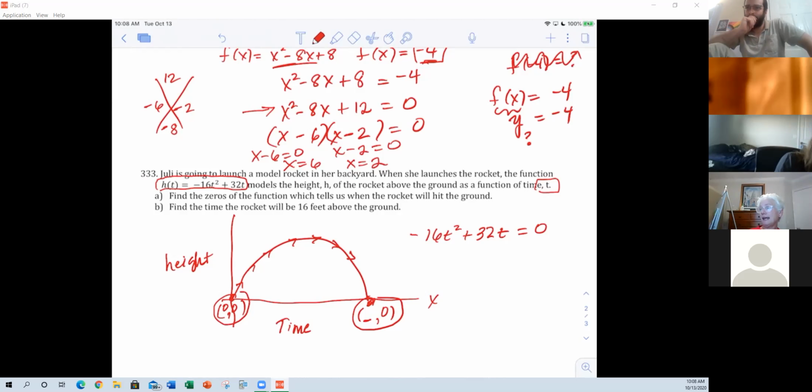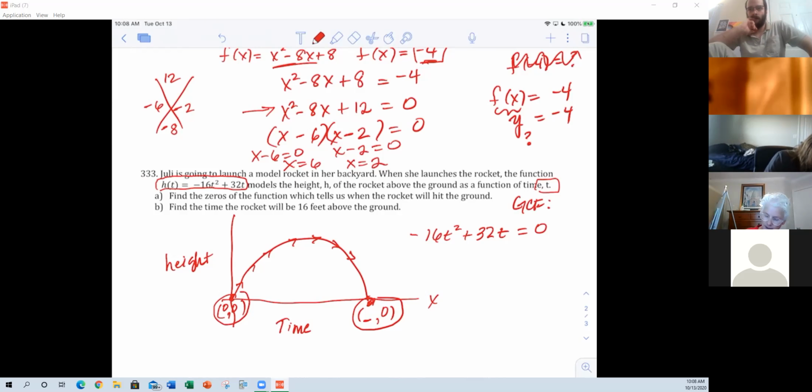All right, so one thing we can do here, I'm just going to do it the way we always do. What is the GCF? 16t. And here's something I want you to always do. If there's a negative, always factor out the negative as well.